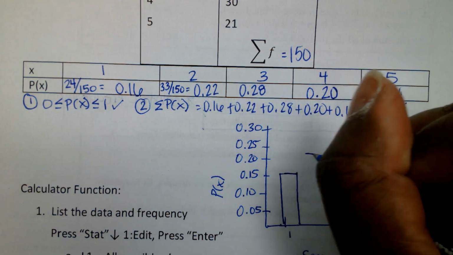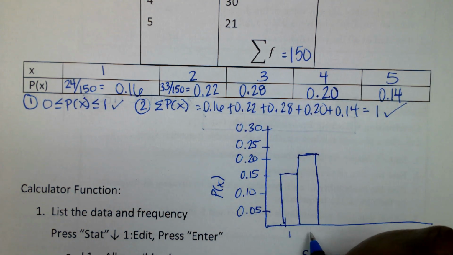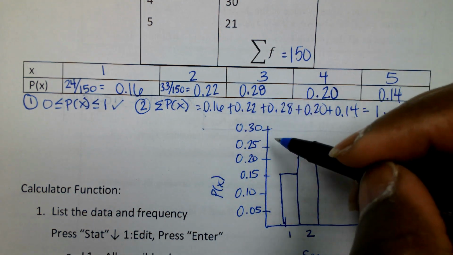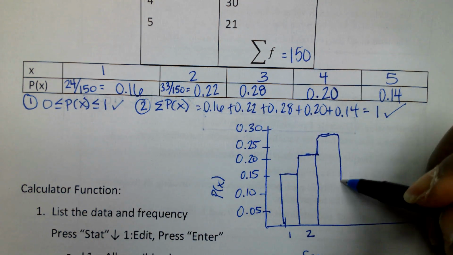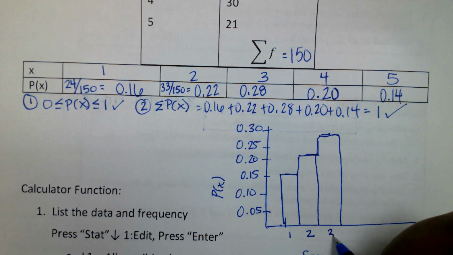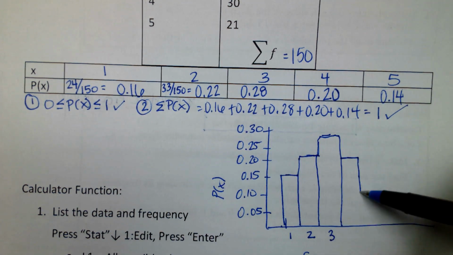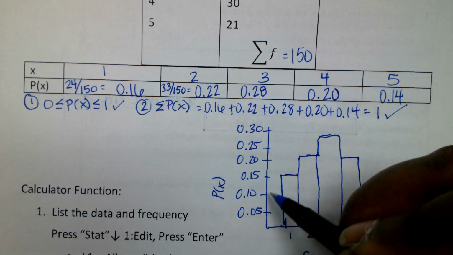Remember, this is a histogram, so the bars have to touch. 3 is 0.28. 4 is 0.20. And then 5 is 0.14.